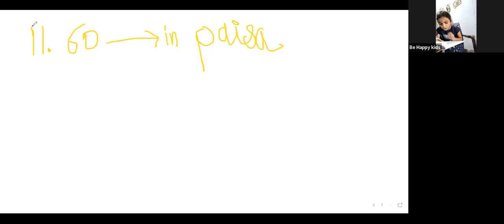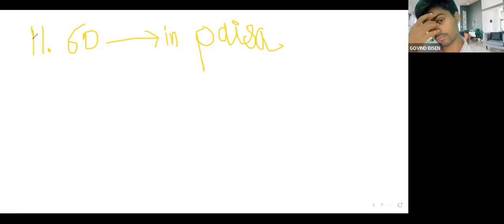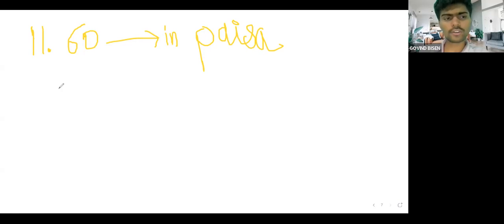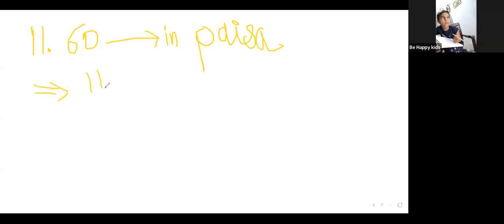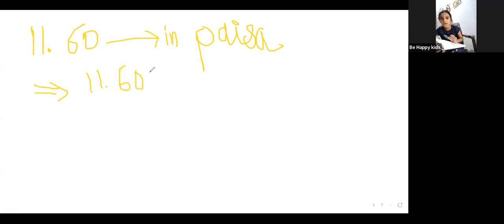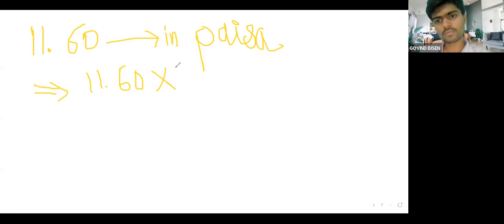Yes, sir. 0 1 the 0. Next, 6 1 the 6. So what all do you do? First of all, you tell me. What is the first step that you do? I do 11.60, sir.